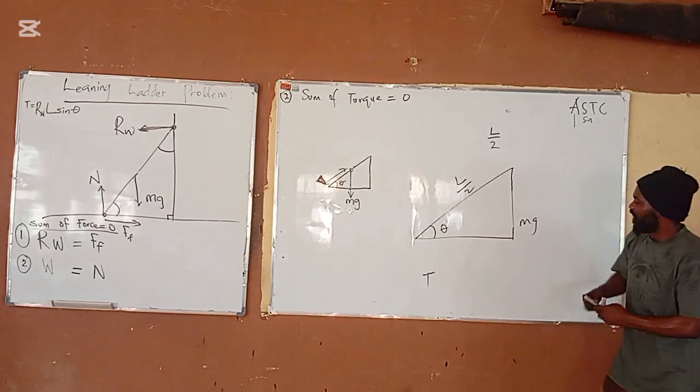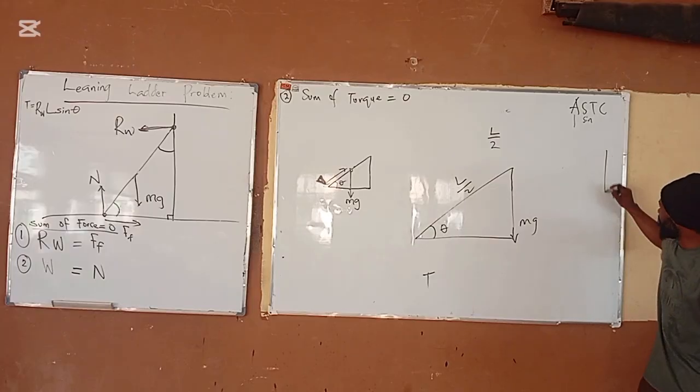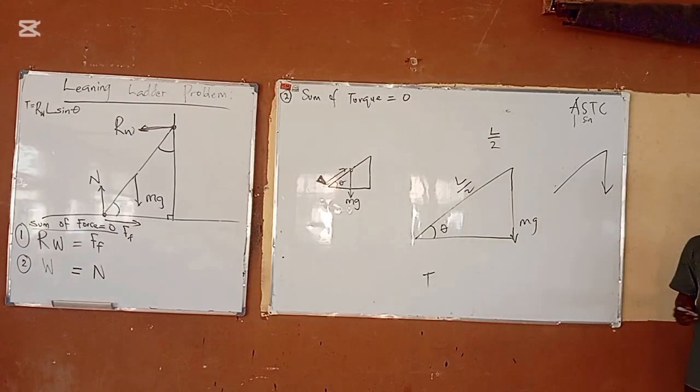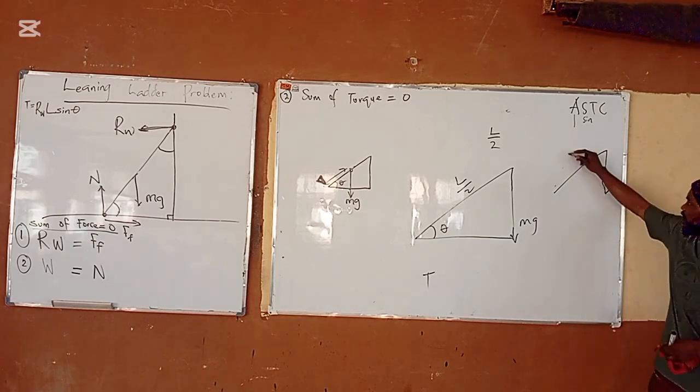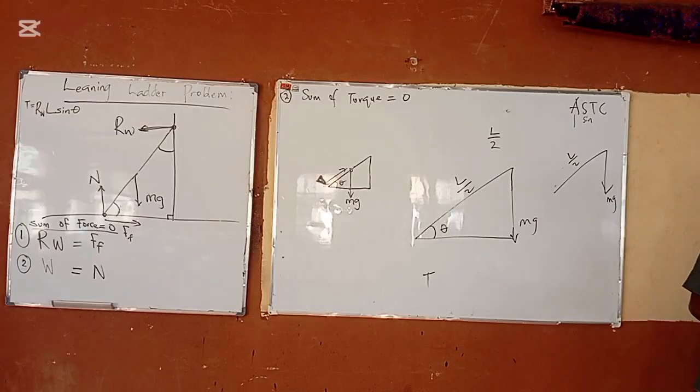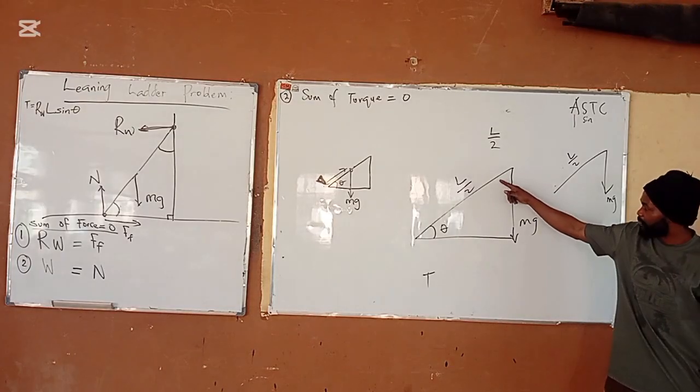Because notice that I already have this thing here now. I'm having this and I'm having this. This is L over 2 now, and this is mg. Is it not?